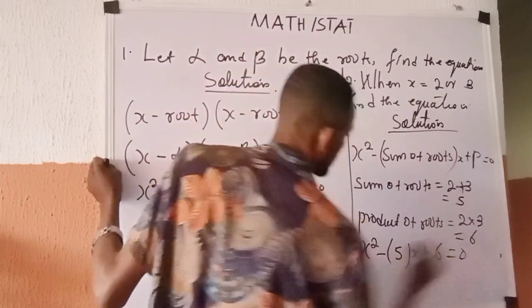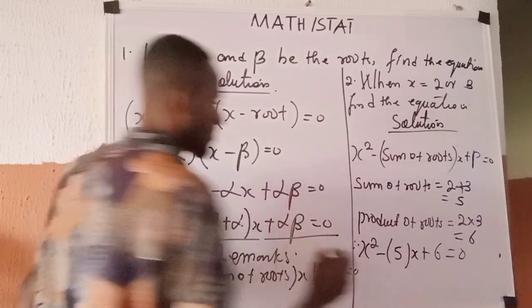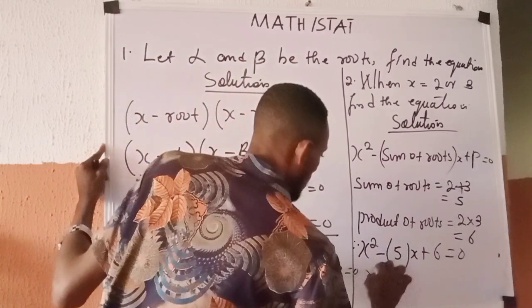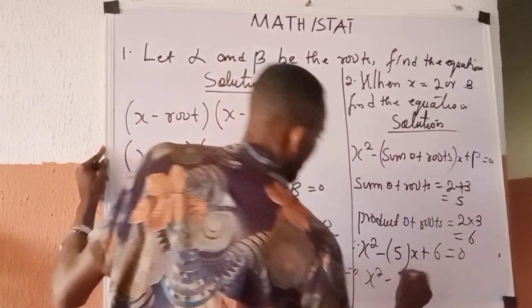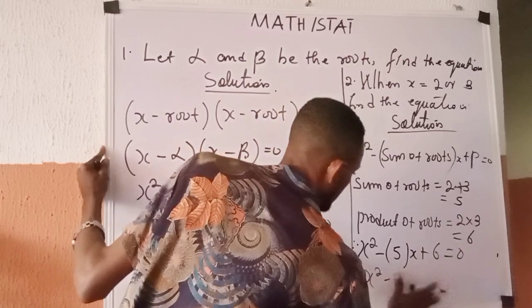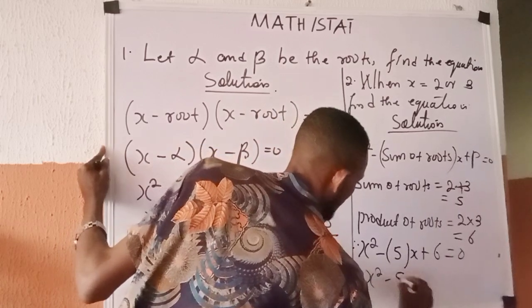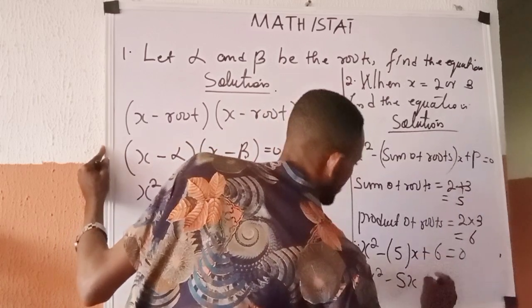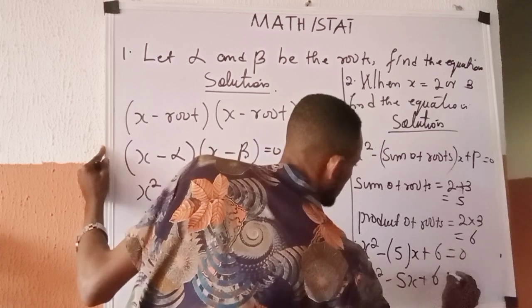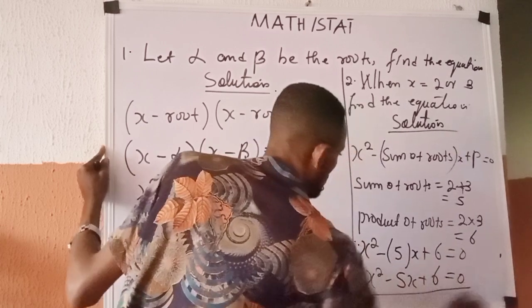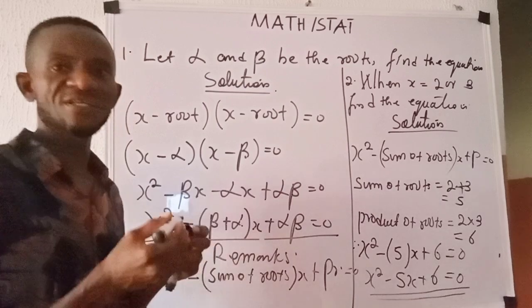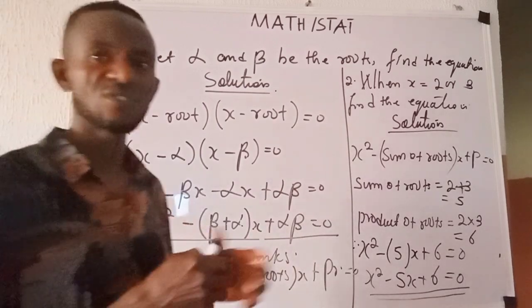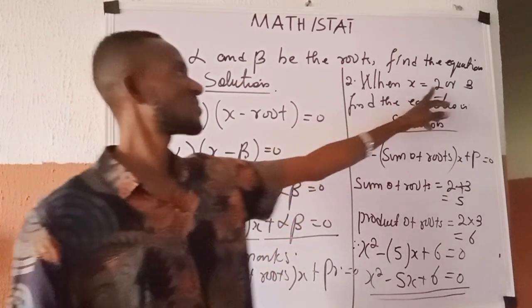This equals 0. So you return and say, this is x raised to power 2 minus 5x plus 6 equals 0. And with this, you have arrived at the quadratic equation whose roots are 2 and 3.